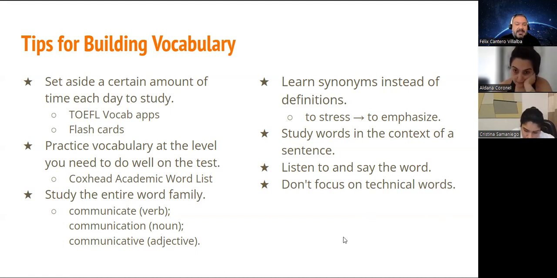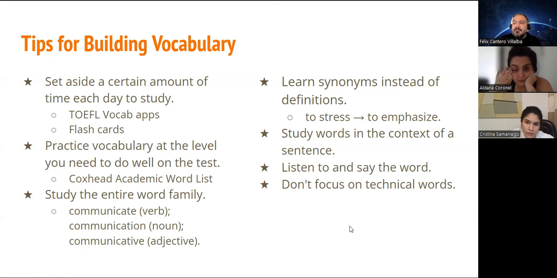Then the final tip is don't focus on technical words. If the word is too technical about the subject of the reading passage, it's probably not going to be repeated. But focus on academic words and everyday words. So, for example, verbs that are related to a process will be okay, but the name of a particular fungi or a type of tree or something like that, that will probably not appear many times, or your chances of seeing that word are not as big, right?